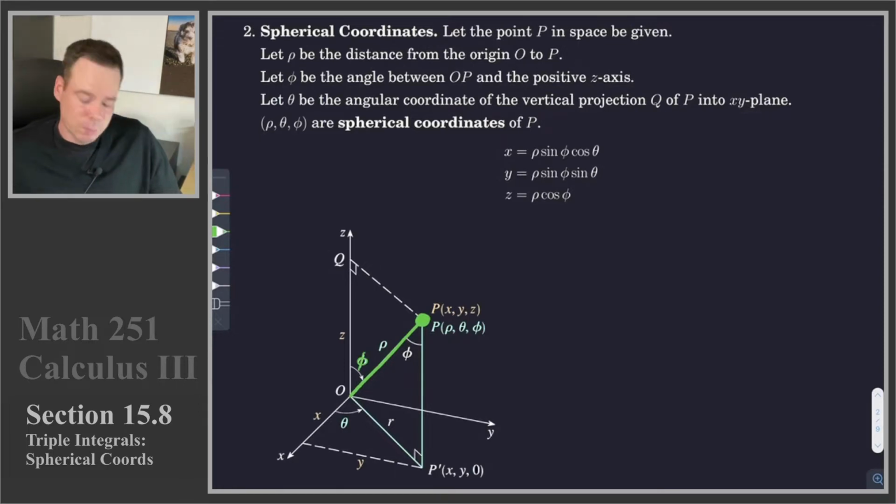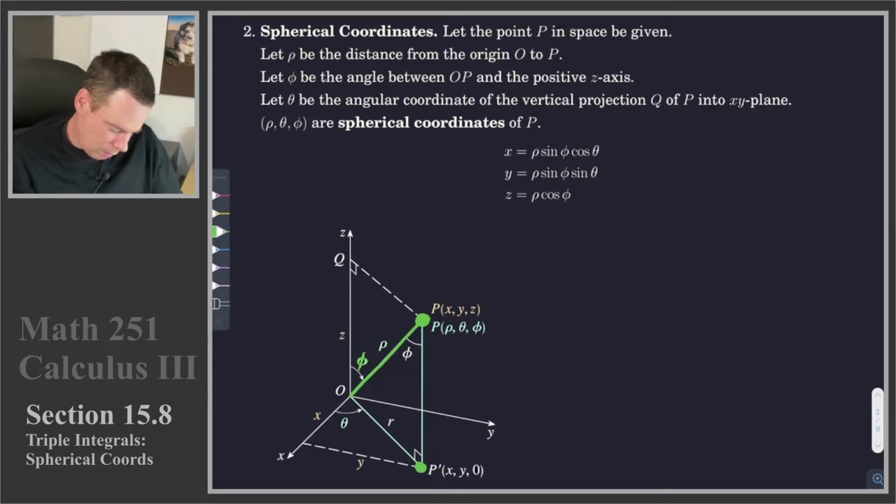And then the last component we have is, if we take that point and we project it down into the plane, then that point is now a point in the xy plane, and we can use the theta value, the same theta value we have from polar coordinates. We use the theta value as the third component.